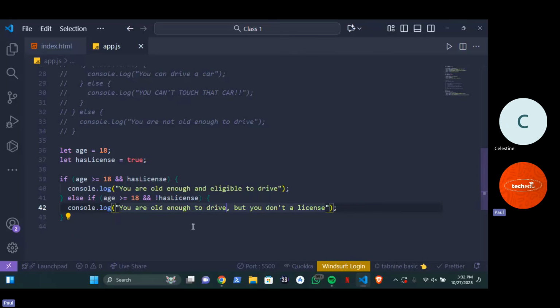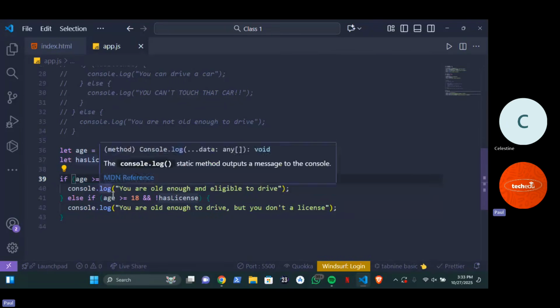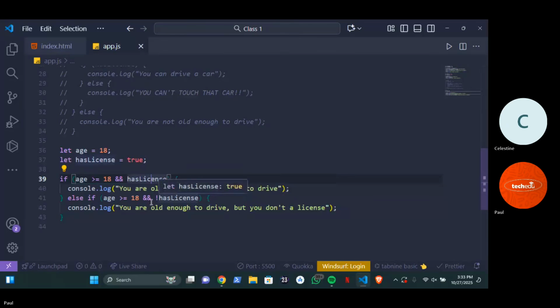Now, what has just happened here? I said if age is greater than or equal to 18 and has license, that means this license is true, isn't it? Console.log, you are old enough and eligible to drive. Now, else if age is also greater than or equal to 18, and you do not have a license to drive.